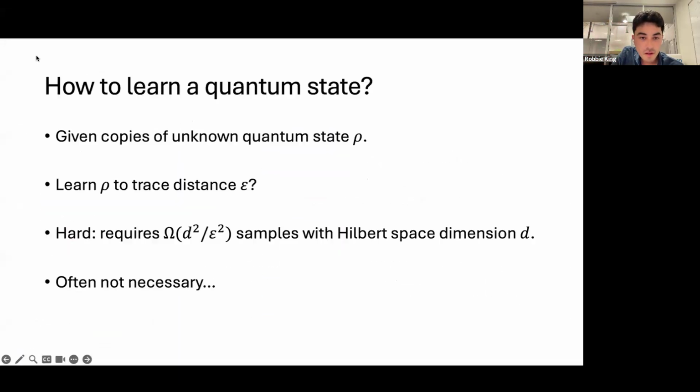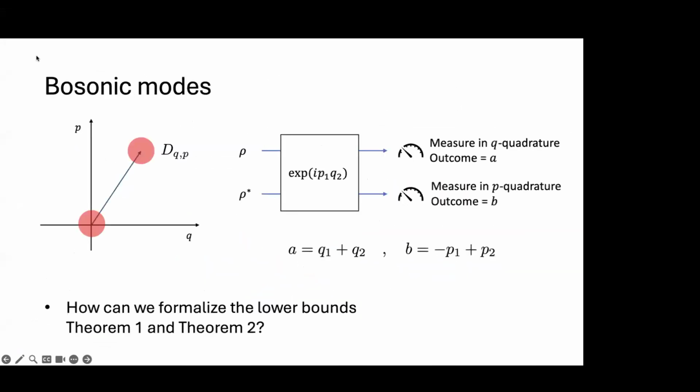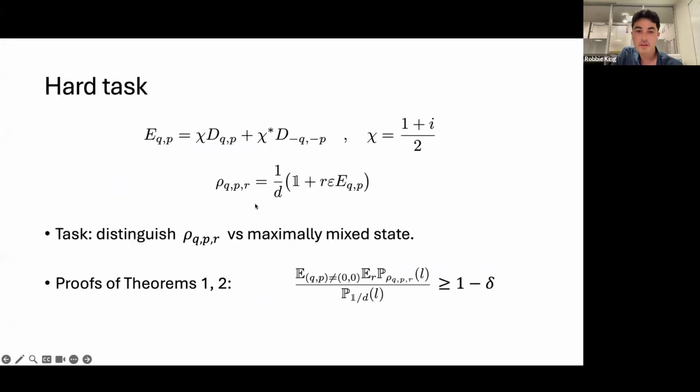And what are the states that we would like to distinguish? It's this ensemble. So we take a combination of two displacement operators by these complex numbers, and the reason we do this is so that this matrix E is Hermitian.